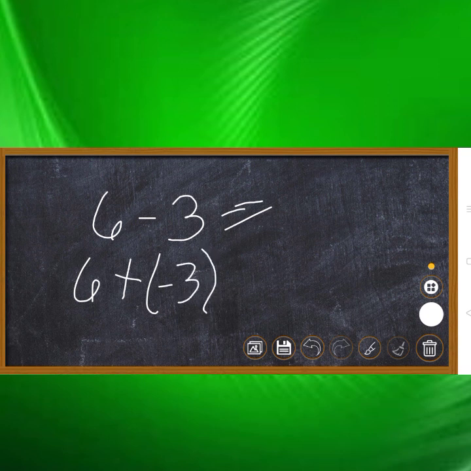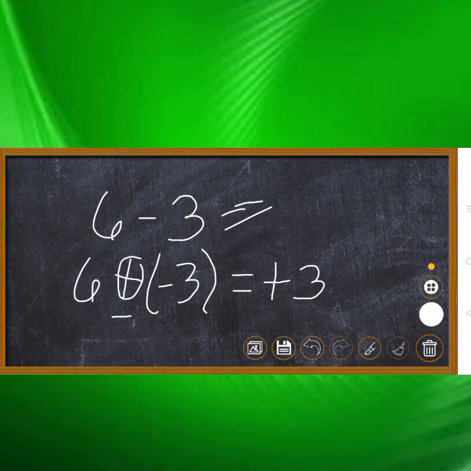And then proceed to addition. As you see, they are different signs, positive and negative. So, you need to take the sign of the greater absolute value. The sign of the greater absolute value here is positive. And then, you need to subtract. So, 6 minus 3 equals positive 3.